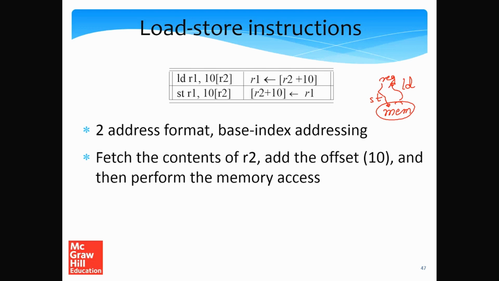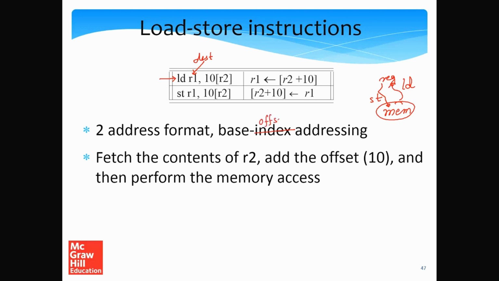So let's take a look at the format of a load instruction. In a load instruction, the register which needs to be loaded is the destination, right? In this two address format, the first is the destination and the other uses base offset addressing. I'm sorry, not base index, it is base offset addressing.